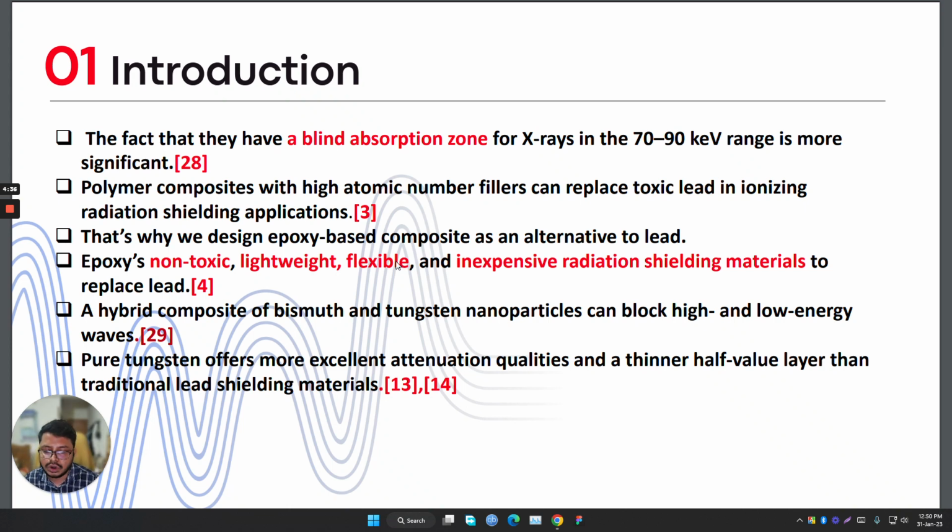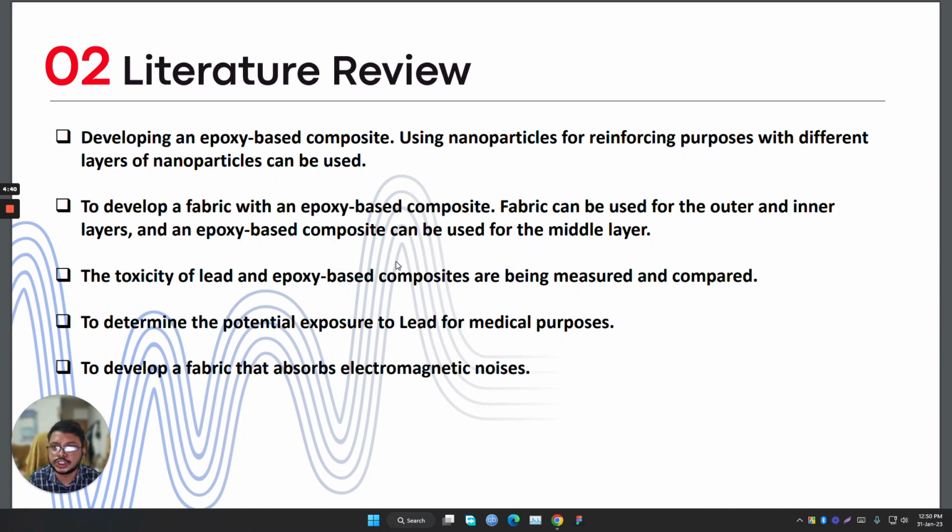Let's now look at the next slide, which shows our literature review. Developing an epoxy-based composite, we use nanoparticle for reinforcing purposes, with different layers of nanoparticle that can be used to develop a fabric with an epoxy-based composite.